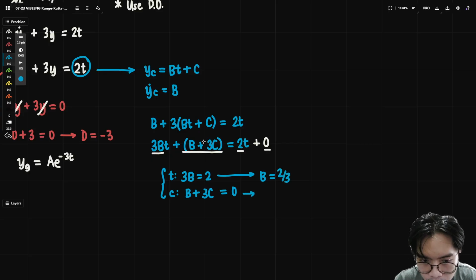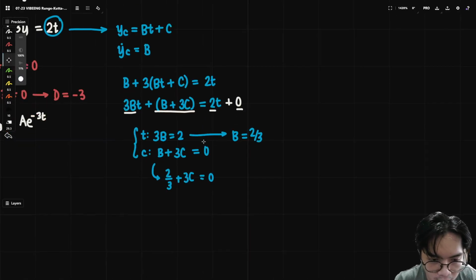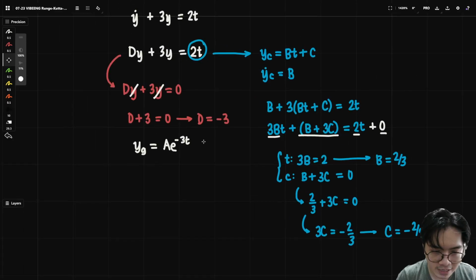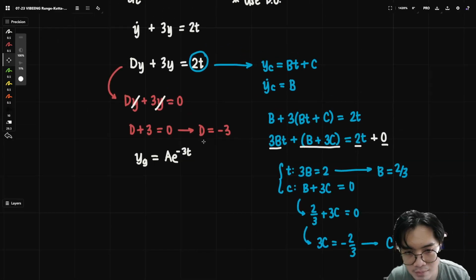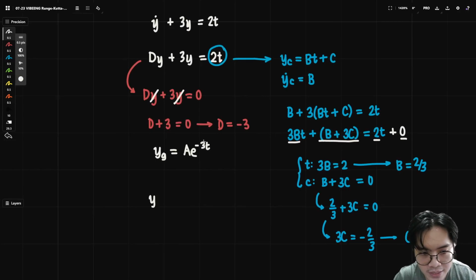And then your b, because your b is 2/3, let's make this happen here. 2/3 plus 3c is equal to 0. So, lipat sa kabila, you will have 3c is equal to negative 2/3, meaning your letter c will be negative 2/9.